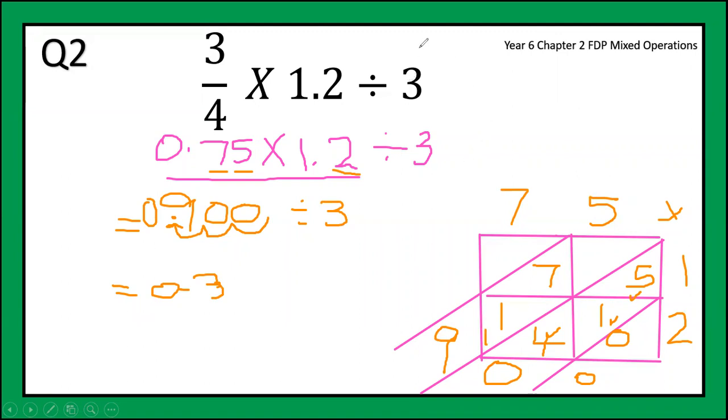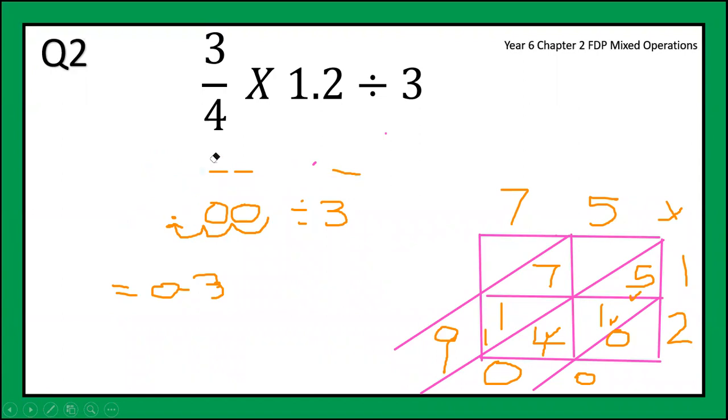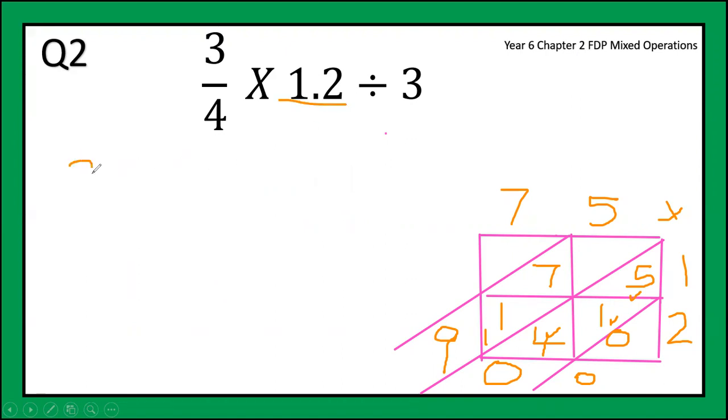Now, assuming you would like to solve this question using the fractions method, then it's going to look like this. You'll have to change 1.2 to become a fraction. So this will become 3 over 4, times, of course, 0.2, it's 2 over 10. 2 over 10, there is a whole 1 here.